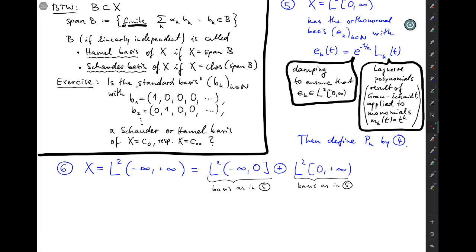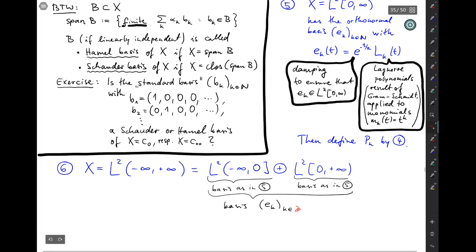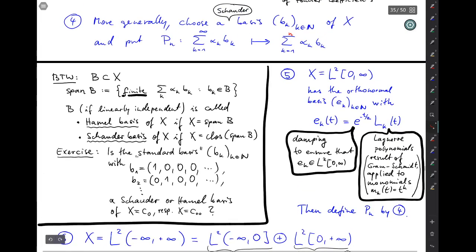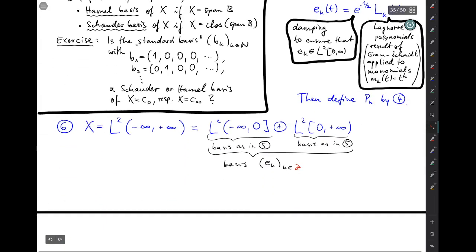Well, let's say one is enumerated over the natural numbers, the other one is enumerated over the negatives of the natural numbers, and if you join them, then you have a basis that's enumerated over the integers. But now it remains to use the same truncation idea that we had here in this general technique, example 4, but only you have to truncate at both ends.